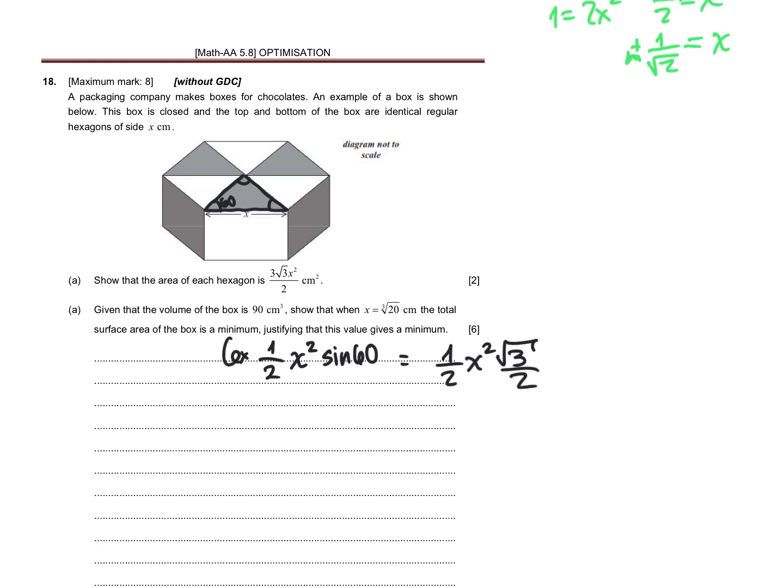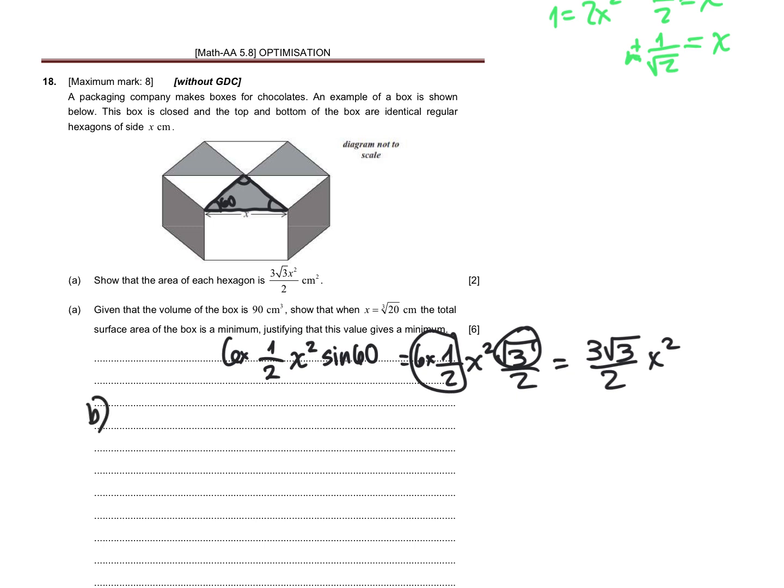And we have 6 of those. All right? So we're going to have 3√3 over 2 x squared, and that is A.